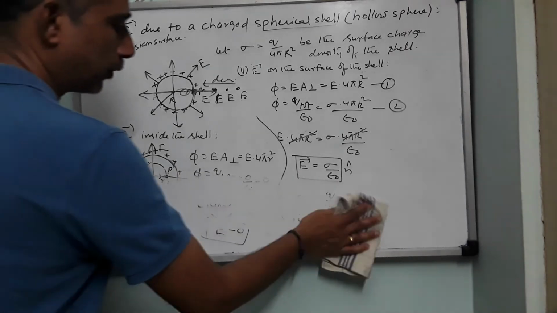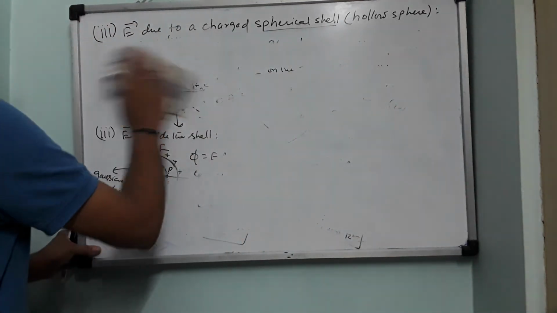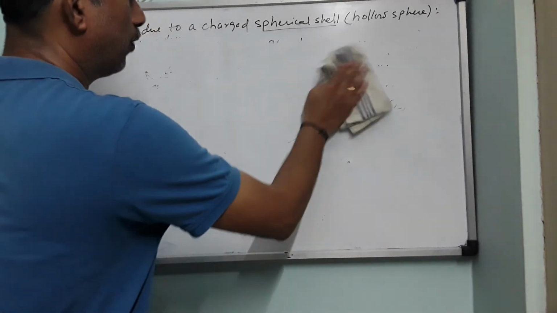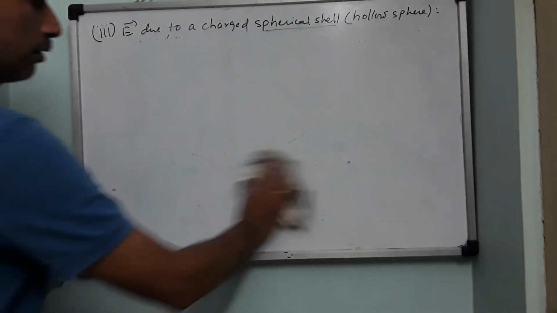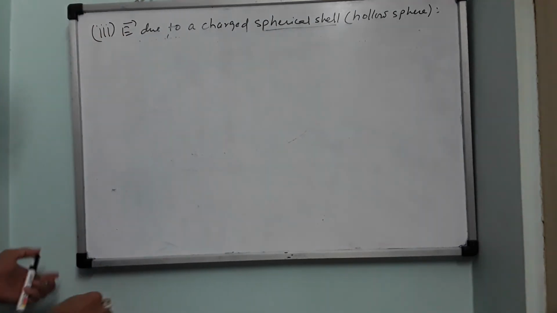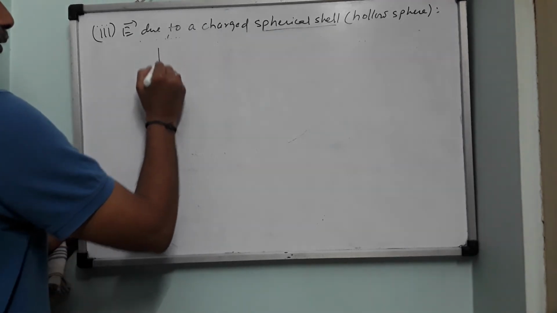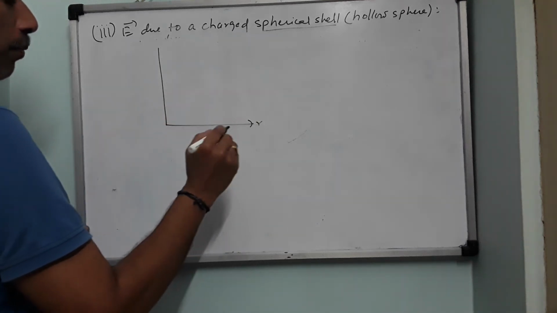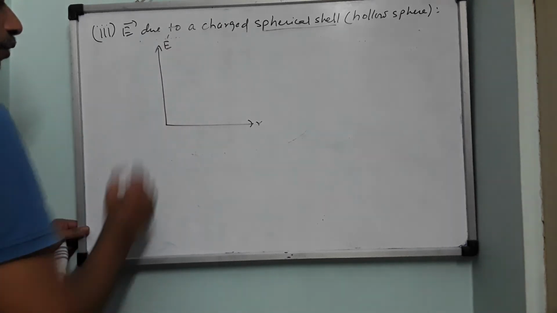Alright. Now, clubbing these three cases, if you draw a graph for electric field and the distance from the center of the charged shell, the graph is going to be like this. So this is r, the distance of the point P from the center of the shell, and this is the electric field.